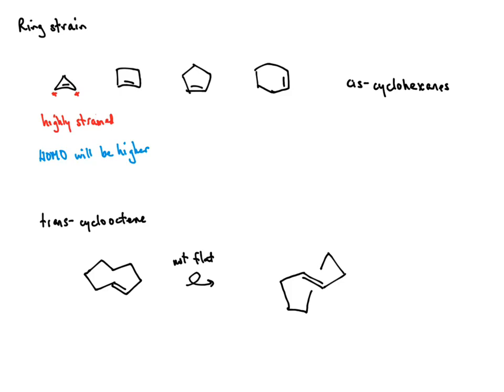And the final thing we have to worry about is a rule known as Bredt's rule. So Bredt's rule states that you can't have a double bond on a bridgehead carbon.